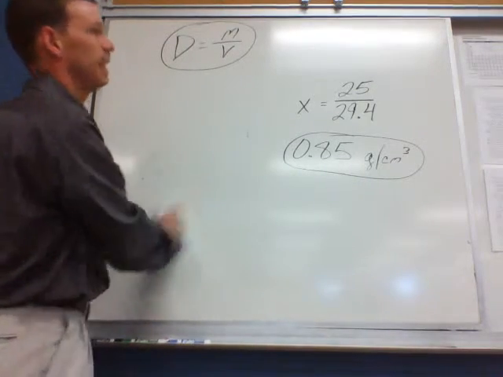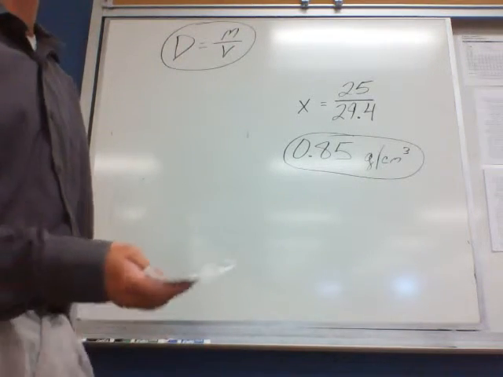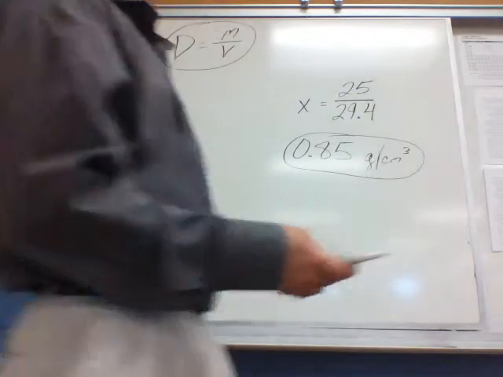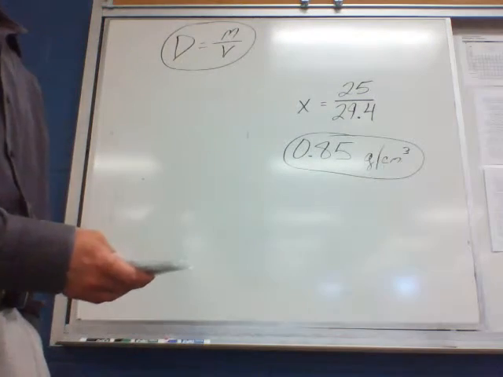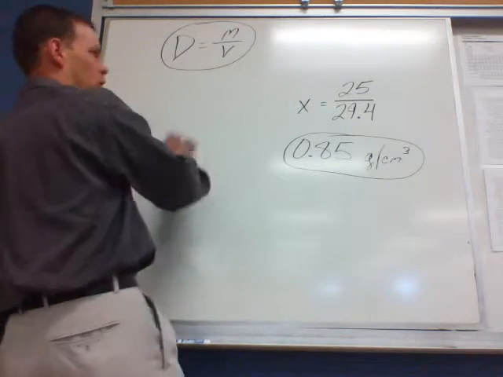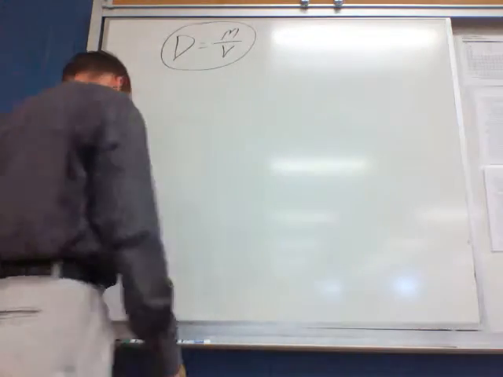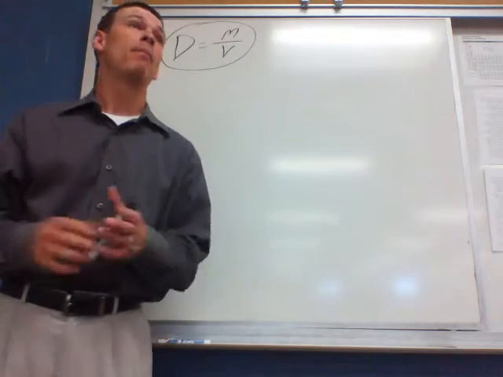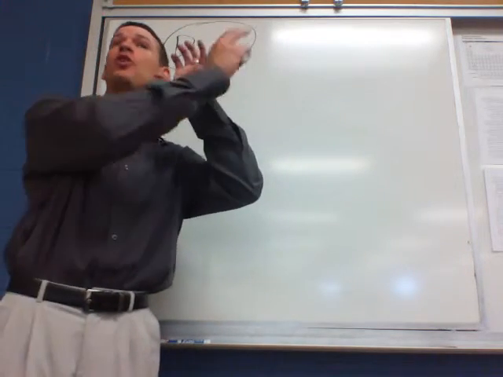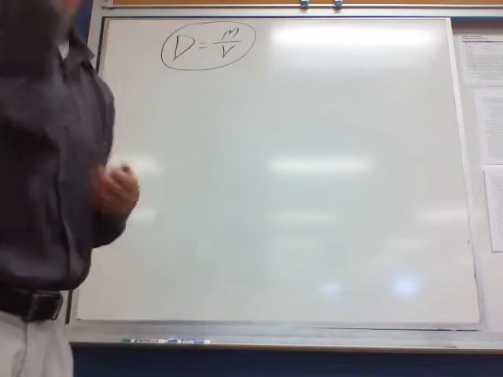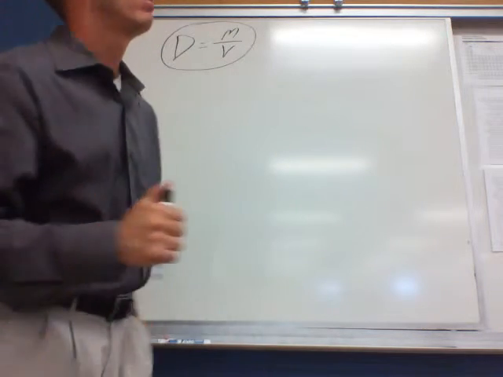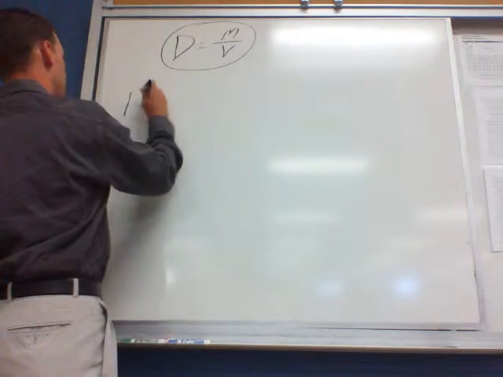This new problem says an ice cube measuring 195 centimeters cubed has a density of 0.917 grams per centimeters cubed. What is the mass? Steps are the exact same. I'm going to extract numbers with units first. The first number I see is 195 centimeters cubed.